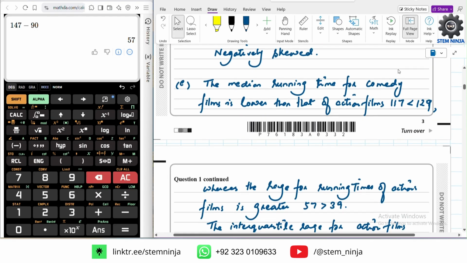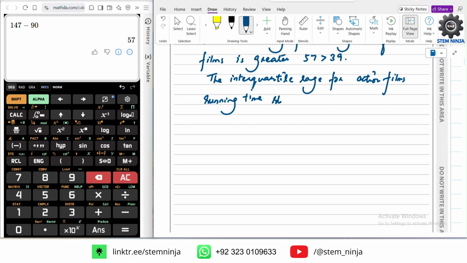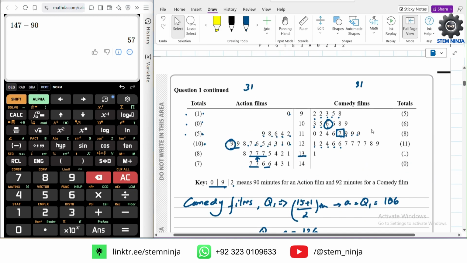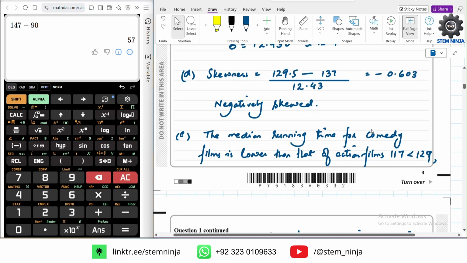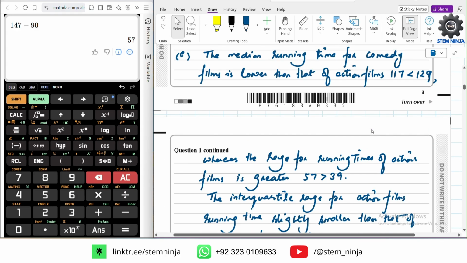Slightly smaller than that of comedy films. 17 less than 20. Okay, so we have actually given three statistics, and I think we only needed one, right? Okay, so in the exam we can use all of them, but at most we just need one of them.